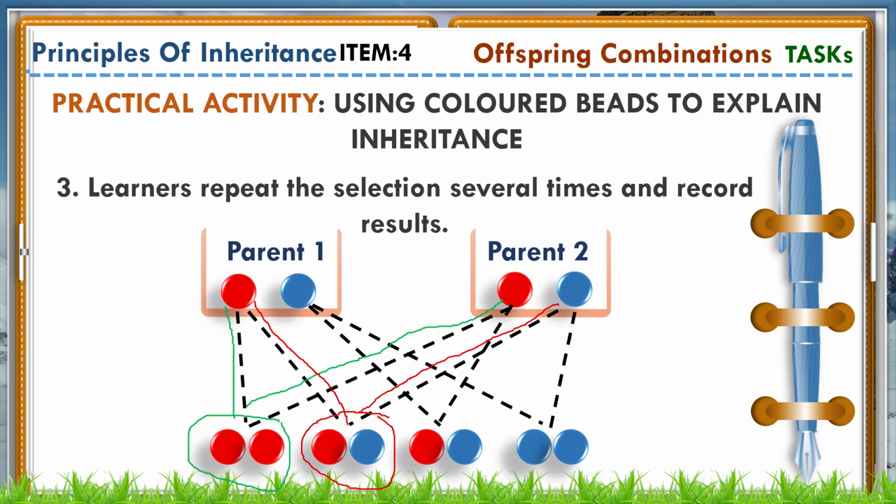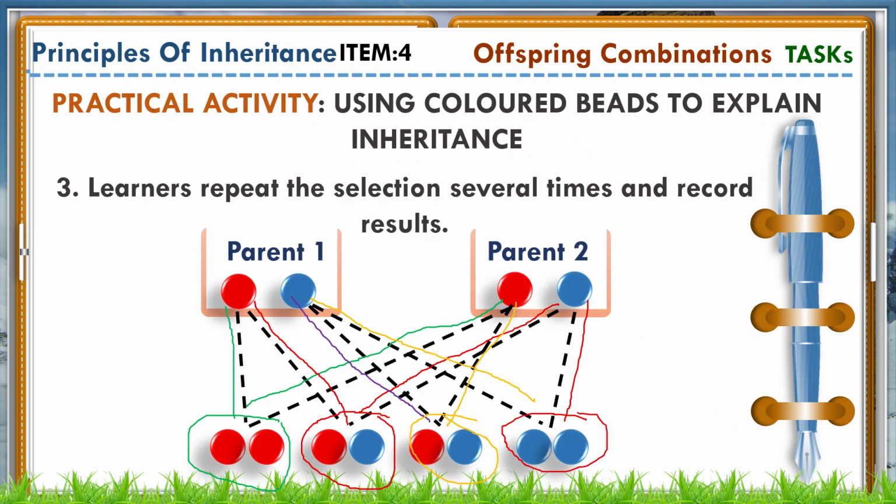Now, again, the parent here can give us this gamete to form this one, and this one can give us this gamete, and we form this offspring here. Still the same parent, this gamete can combine with this gamete here, and we can form this offspring.